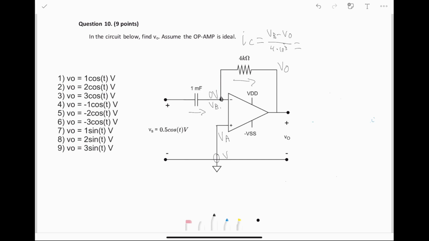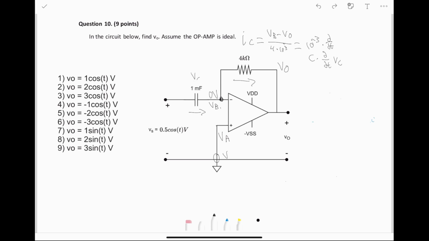And we also know, since this is a capacitor, that the current through it is just going to be equal to the derivative of whatever the voltage drop across it is times the capacitance. So that's going to be the capacitance of 1 millifarad, so 10 to the negative third, times d by dt of VC. What's VC?